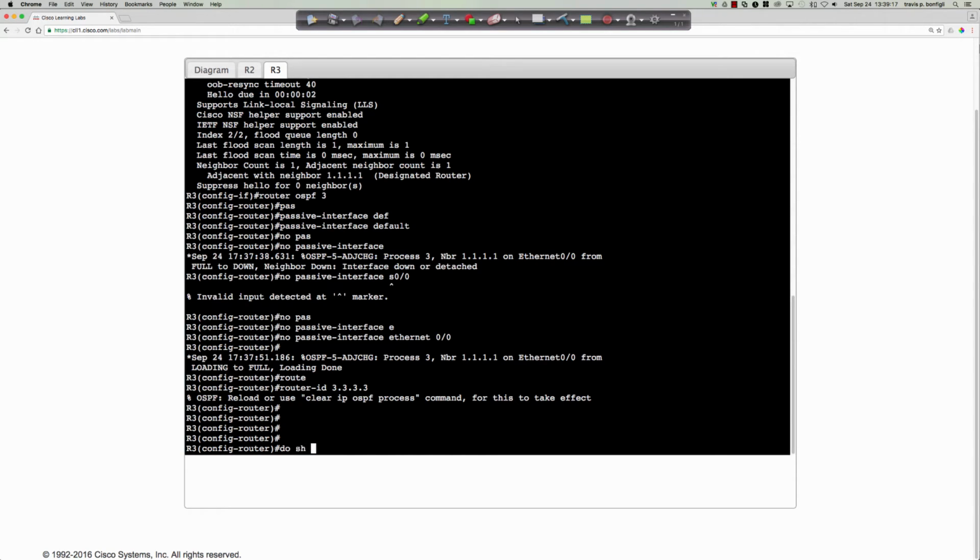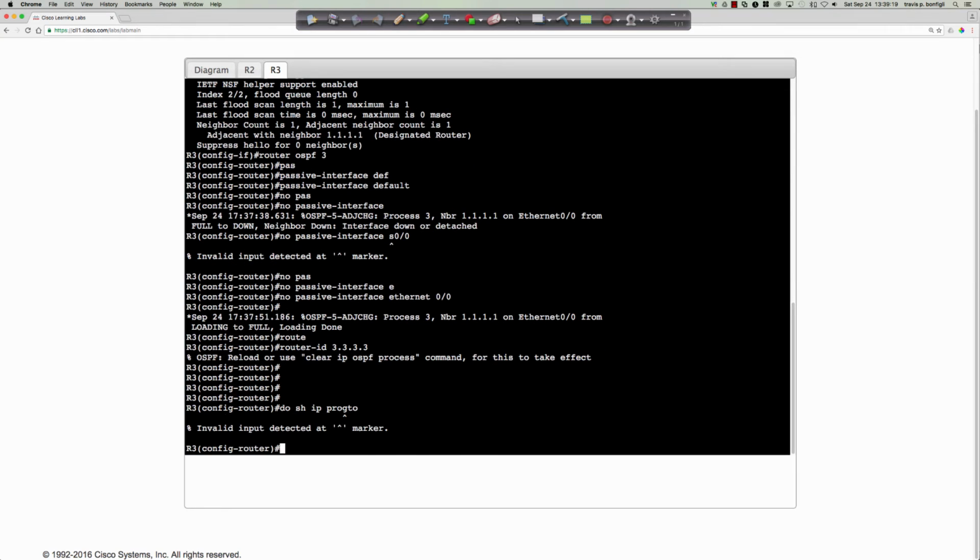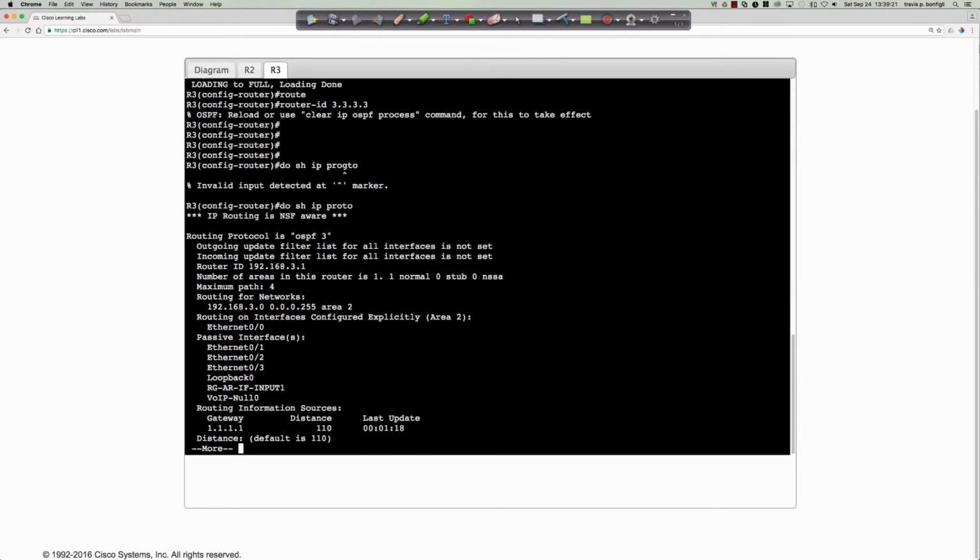If I were to say do show IP protocols, you would see that the router ID right now is 192.168.3.1. And this makes perfect sense because that is in fact the loopback address IP.